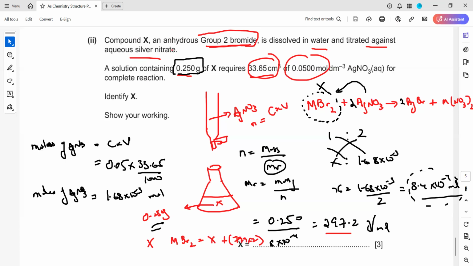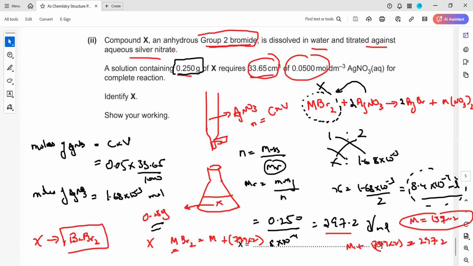The metal is unknown, so let's call it M. So M plus 79.9 times 2 should equal 297.2. If we move to the other side, we get the value for M, which is 137.2. When you check the periodic table, that is the mass of barium. So M is barium, and compound X is barium bromide.